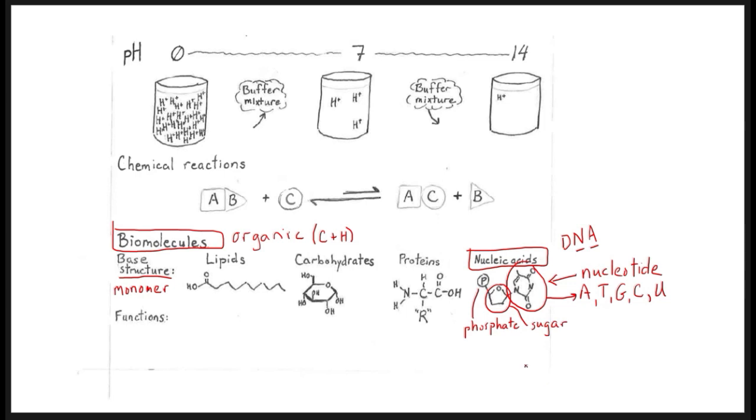The function of nucleic acids varies a little bit, but for DNA, our function is simply information storage. Eventually we'll take on all 4 types, and it's important that you know what each of them do, so we'll talk about functions of each. We'll add to this list, but DNA stores information in the order of A's and T's and G's and C's.